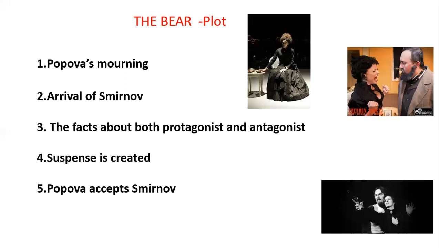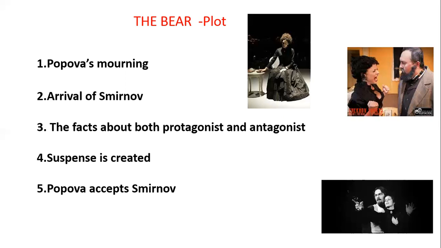Her devotion to her late husband is clear. And Smirnov has a good annual income, we find that. And he is a retired lieutenant. He has all the physical strength. And his identity is revealed later. We see these discovery scenes and how they help to learn the facts about the antagonist and the protagonist.